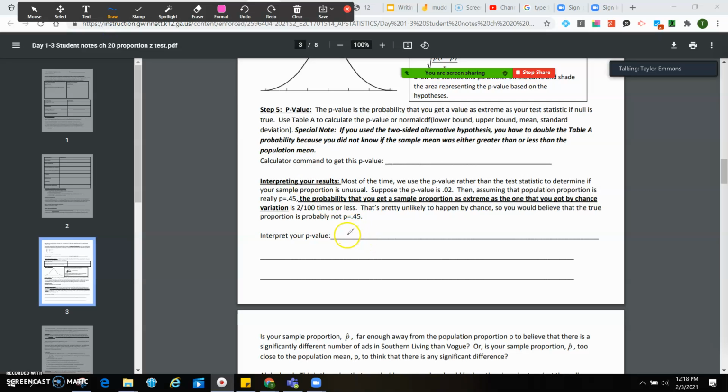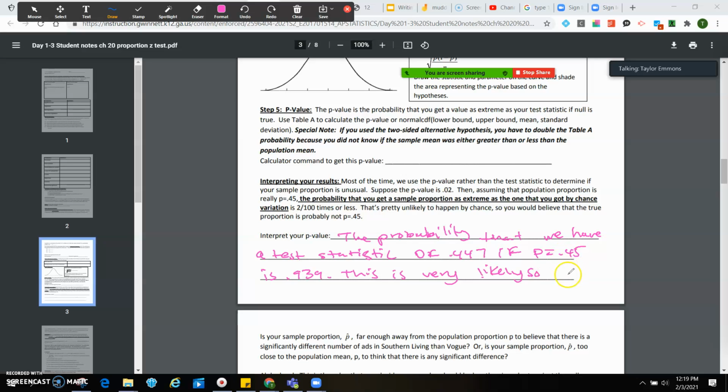Okay? So the probability that we have a test statistic of 0.447 if p equals 0.45 is 0.939, and this is very likely.